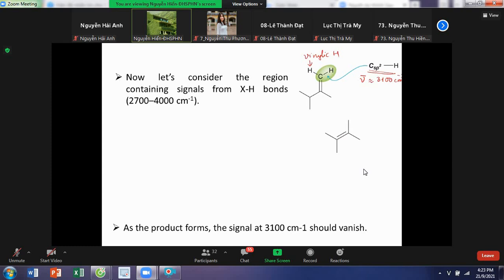But in the product, you have a tetra-substituted double bond. And tetra-substituted means no C-sp2-H, so of course you will not see it.